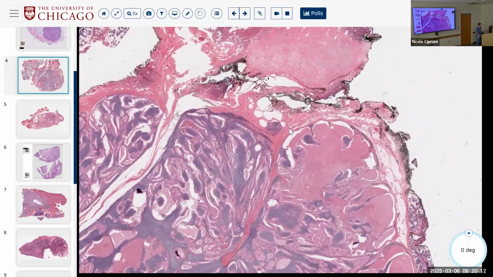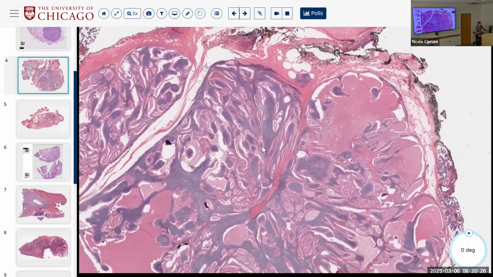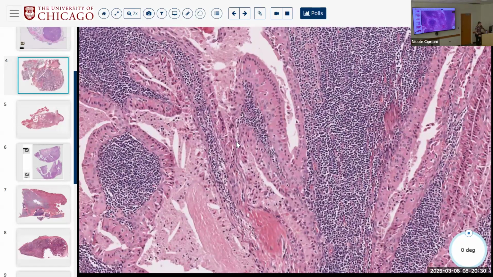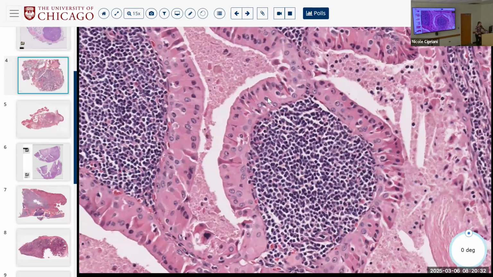Yeah, perfect. So thank you. Not a super challenging one, but one that you will definitely see. It is on the differential with some oncocytic lymphoid-rich salivary tumors, which we'll see in a second. So Warthin tumor, you should expect this very, very even bilayered oncocytic epithelium.